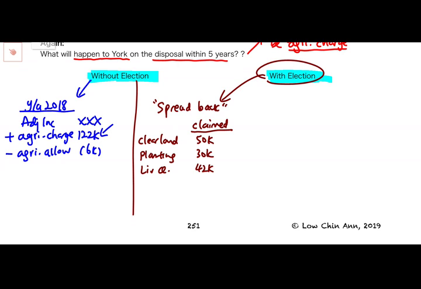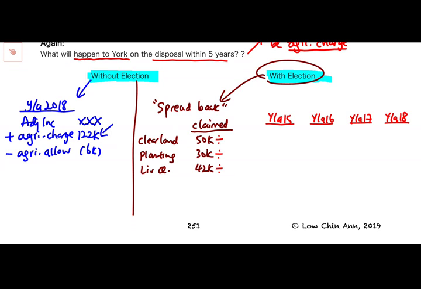Now, you're supposed to divide it back in the respective years that you've claimed all these things.